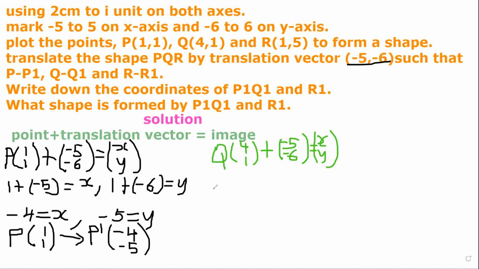Now in equation form, you get two linear equations. Now you have 4 plus -5 in a bracket, equal to X. And then 1 plus -6 is equal to Y.